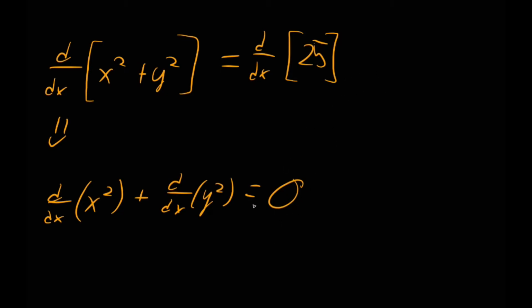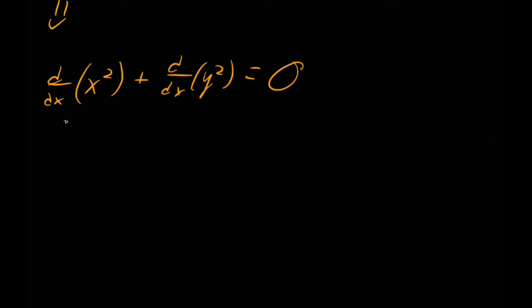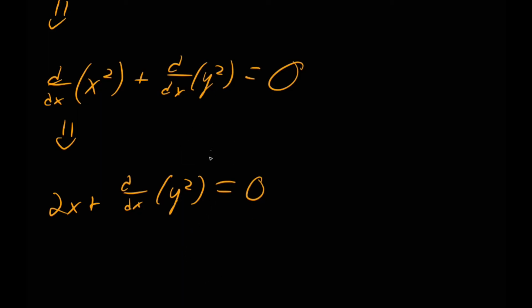There's no variable. We don't have to assume, actually, we know that it's going to be 0. And if we wanted to take it another step, we could get 2x plus d/dx of y squared equaling 0. And now this is where it gets tricky.